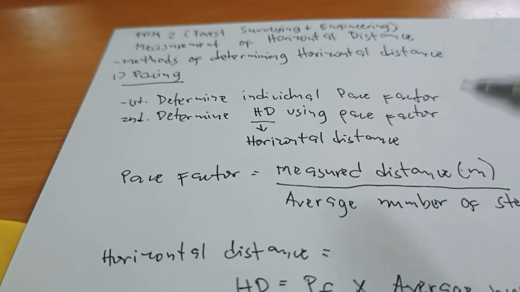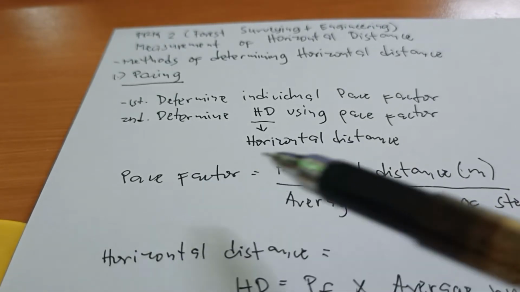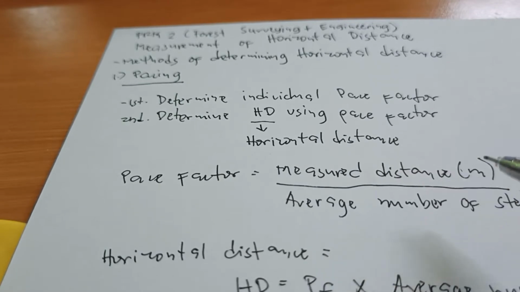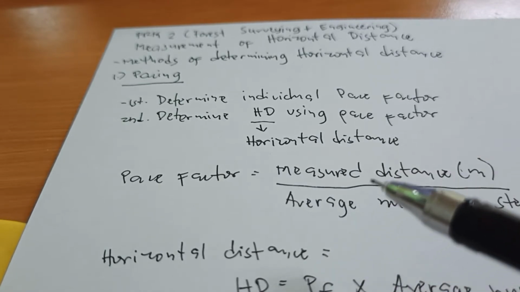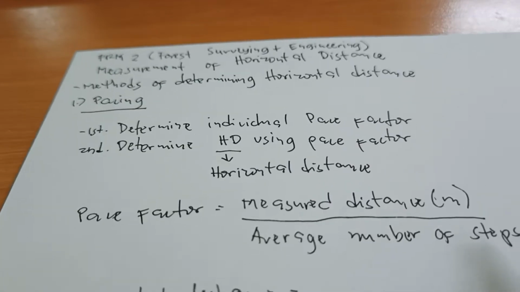We have two formulas that we will be using in the determination of horizontal distance using the pace factor. The first formula, to determine your pace factor, is PF equals measured distance over the average number of steps.